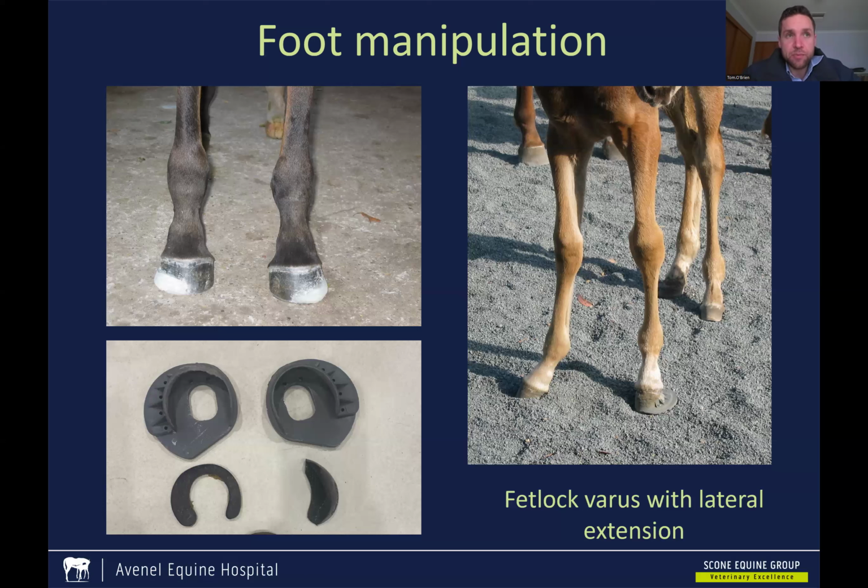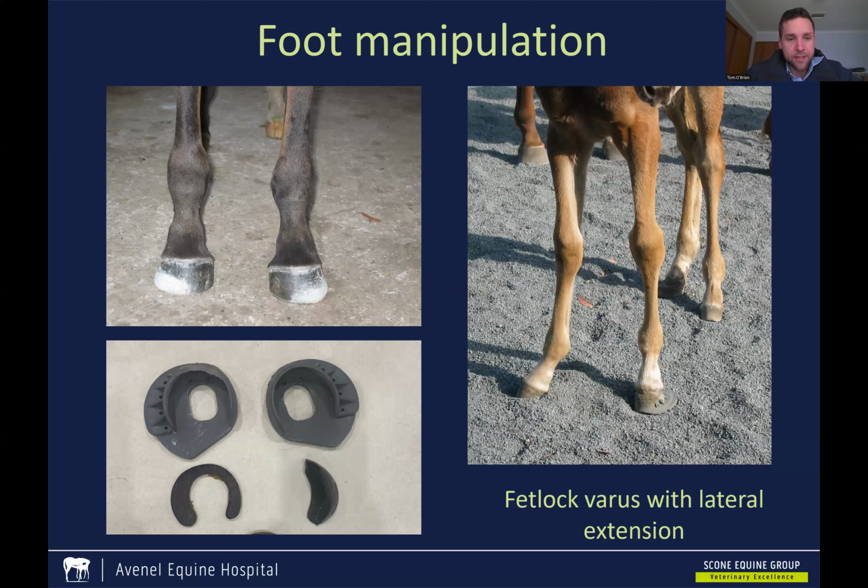And so you have to be quite careful when you put that glue on that you don't burn that foal's foot. It does happen on occasion, and it can be very, very painful. So it needs to be done by someone who's relatively experienced at it to try and prevent any complications.